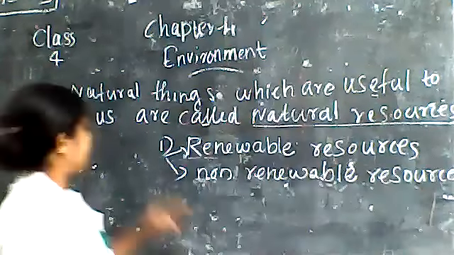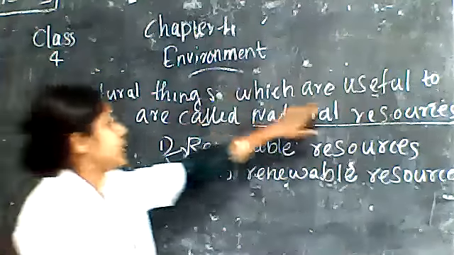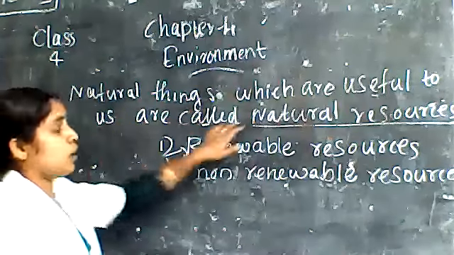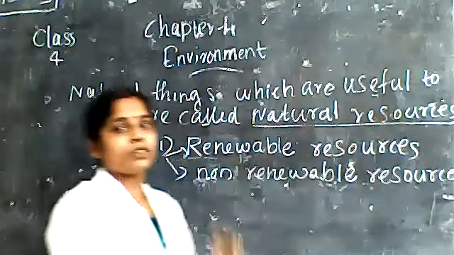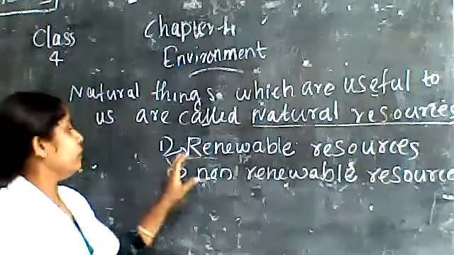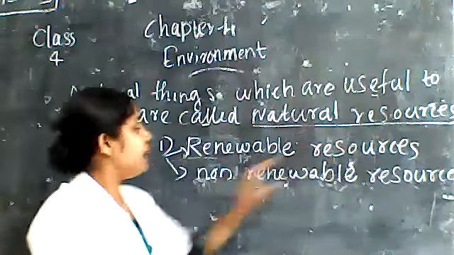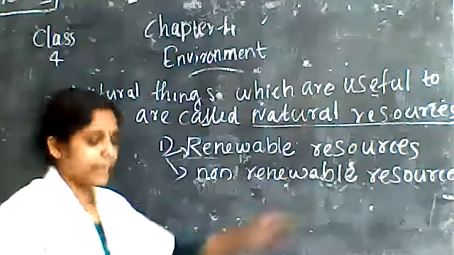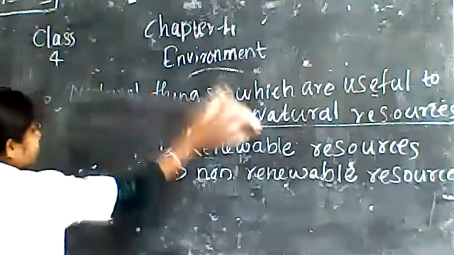Natural resources are two types. One is renewable resources and another one is non-renewable resources.